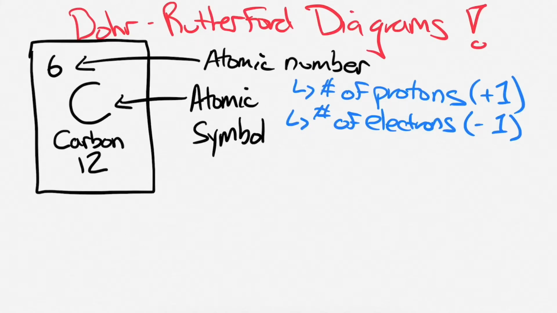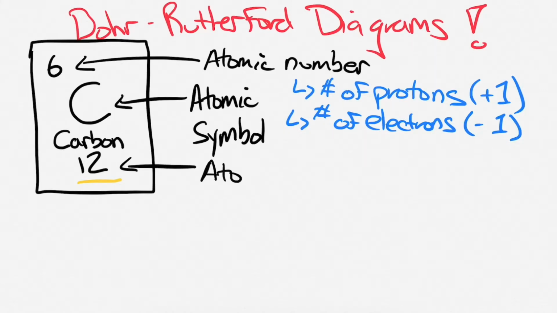Now, in order to draw our Bohr-Rutherford diagram, there's one more thing that we need to know, and that is the number of neutrons. Remember, we have protons, electrons, and neutrons in our atom. And the way that we calculate the number of neutrons is by looking at this number here, which is our atomic weight.